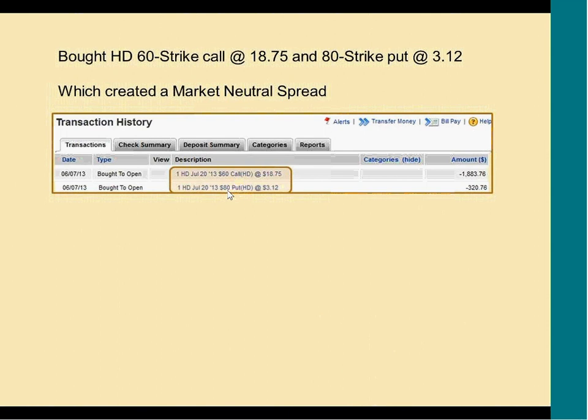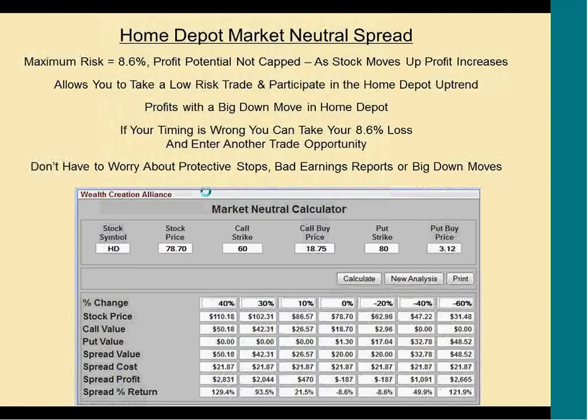I used the market neutral calculator to calculate profit and loss potential for this spread trade, and it assumes various changes in Home Depot's stock at expiration. In this example, from a 40% increase in the stock to a 50% decrease in the stock. The calculator calculates the profit and loss based on these assumed moves in Home Depot stock.